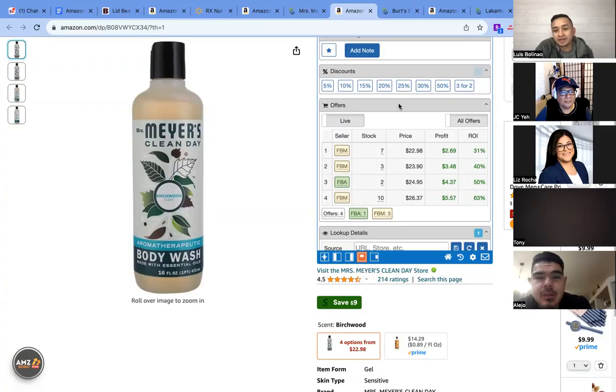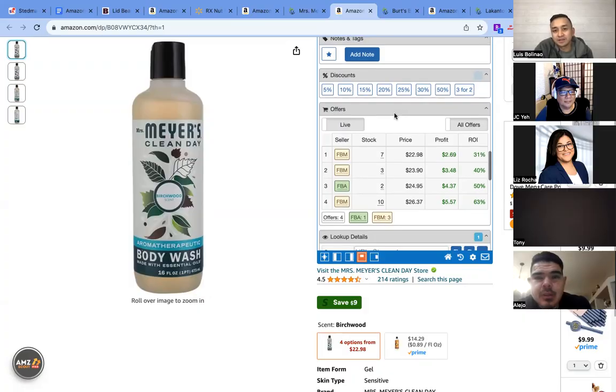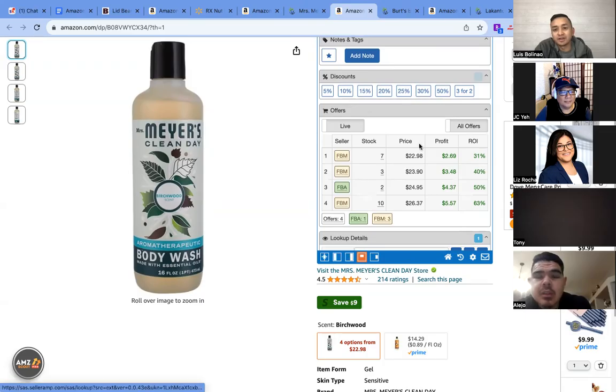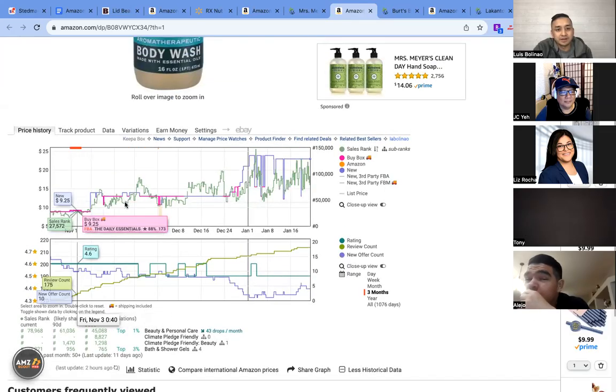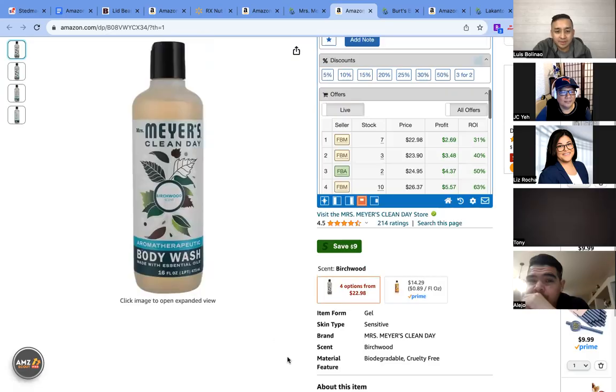I agree, it's a good ratio. 64 sales a month shared by 4 sellers with this much inventory. I think it's a pretty good ratio. And then Keepa, yeah, Keepa's good. Abubakar said it's a less competitive listing. Yes, I agree.